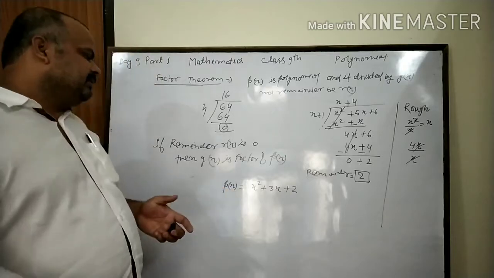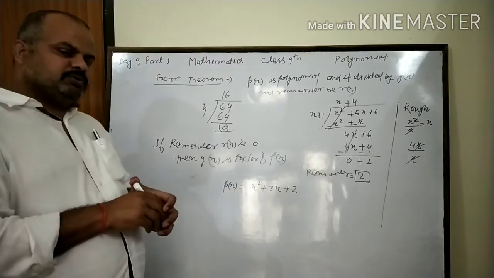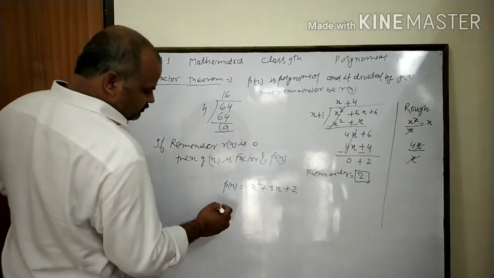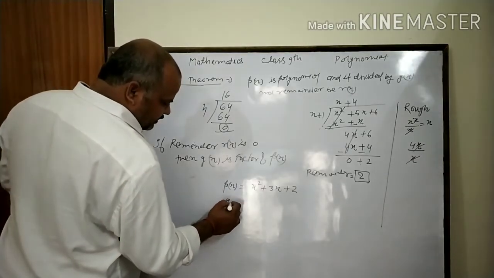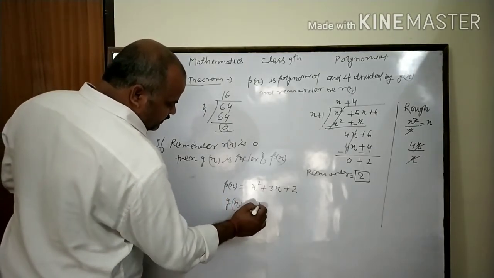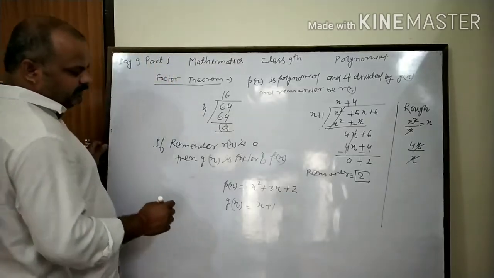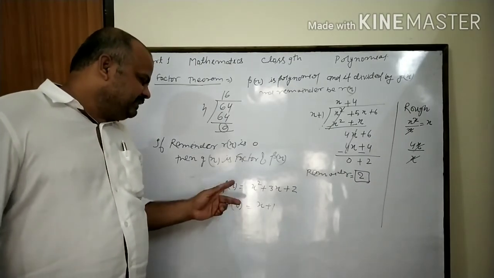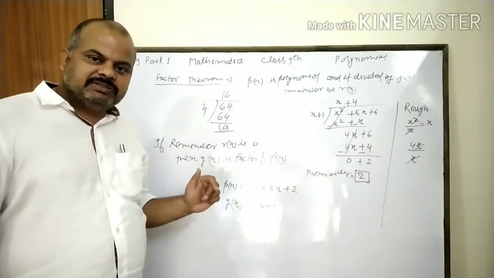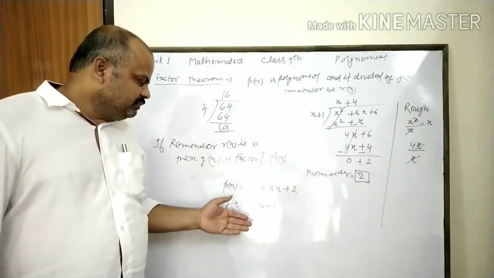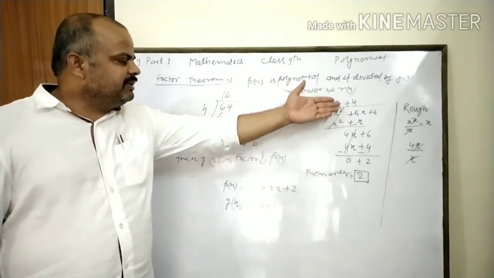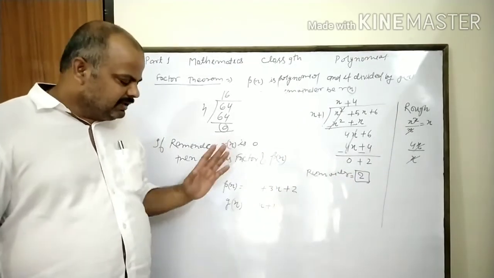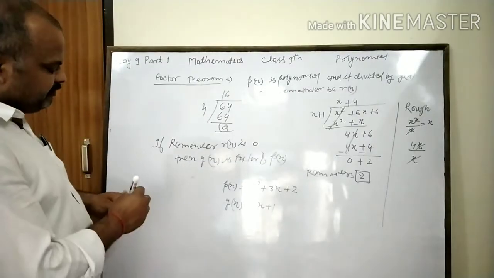And here g(x) is equal to x plus 1, and we want to check whether g(x) is a factor of p(x) or not. Clear? What can you do? One way is you can divide by this process, and if the remainder is 0, then g(x) is a factor of p(x). And the other way, what can you do?